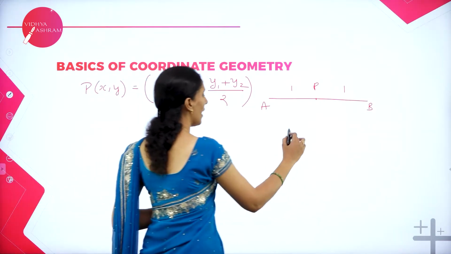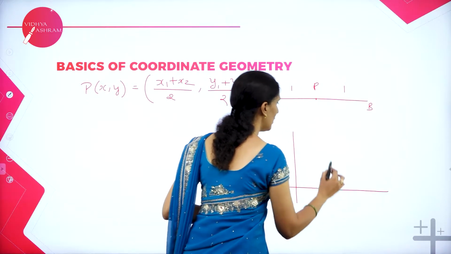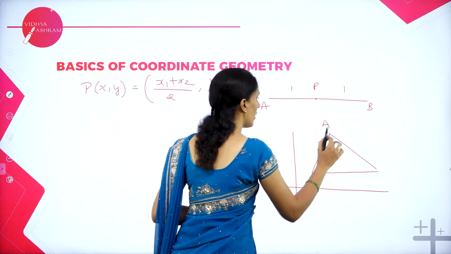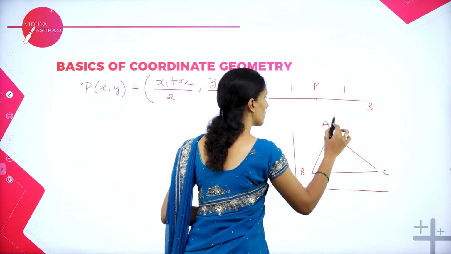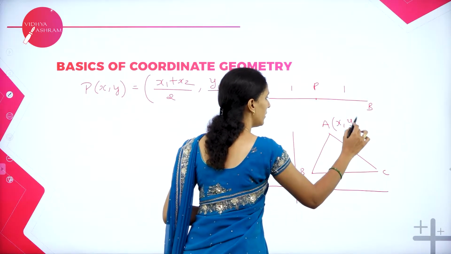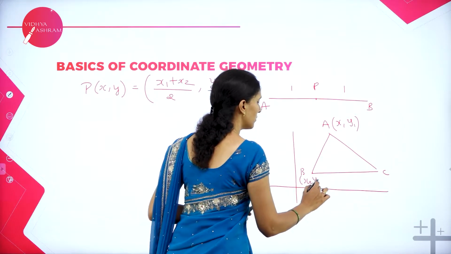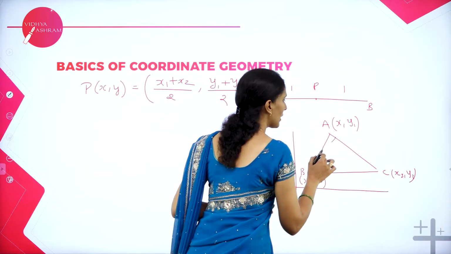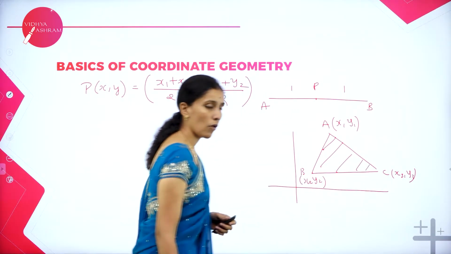Next, we have the area of a triangle. Suppose you have 3 points A, B, C, whose coordinates are (x1, y1), (x2, y2) and (x3, y3). Then how to calculate the area of this triangle in the coordinate system?